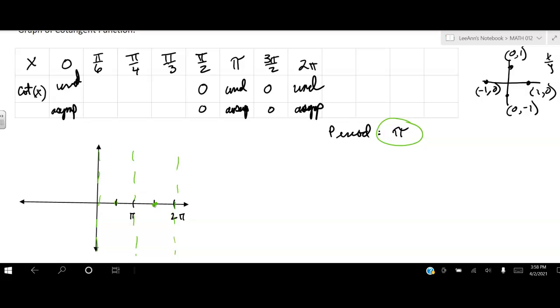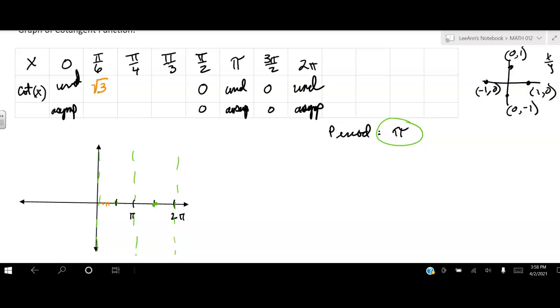Okay, so now let's think about where are pi over 4, so pi over 4, and then pi over 6 a little before, and pi over 3 a little after. So pi over 6, you can look that up on your unit circle, but that's going to be the square root of 3. Now, the square root of 3, is it 1.7? Let me check real quick. Square root of 3.